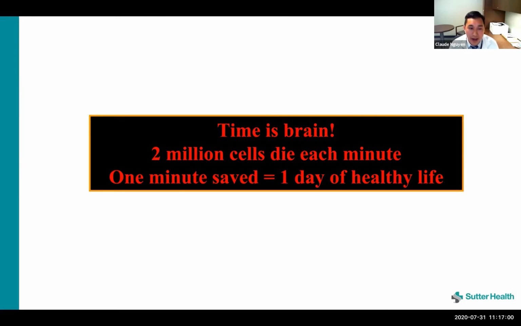On the flip side of that, every minute that we can save after a stroke, if we're able to get to the blood clot and help break it open, we may be able to save 1 day of healthy life in that individual. And so every minute counts when we're dealing with stroke.